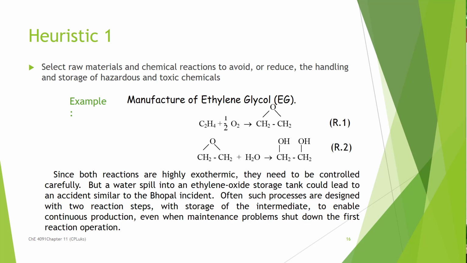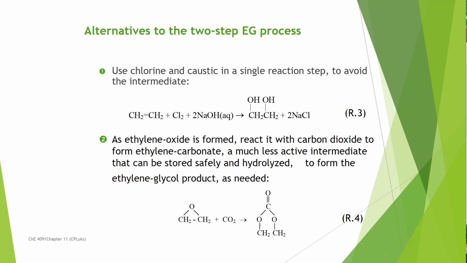So maybe that's not the best way to go. Some things that you might do: you could use chlorine and caustic in a single reaction and avoid an intermediate altogether. Or if you do have it formed, react it with CO2 to make ethylene carbonate, which is much less reactive and can be stored safely.